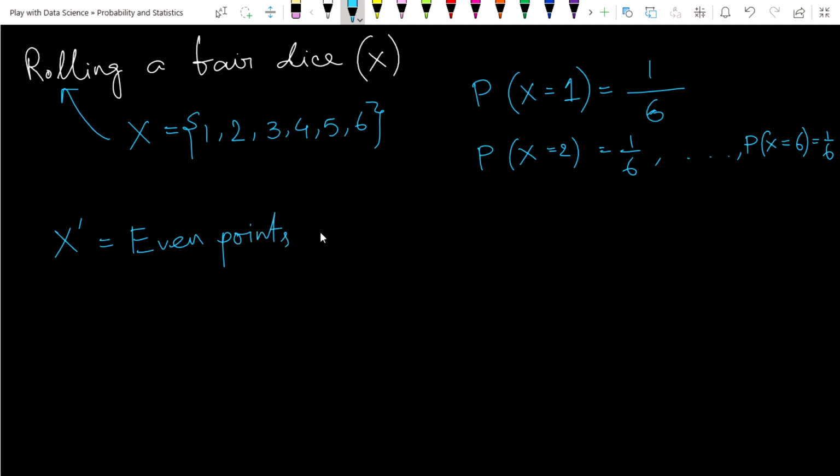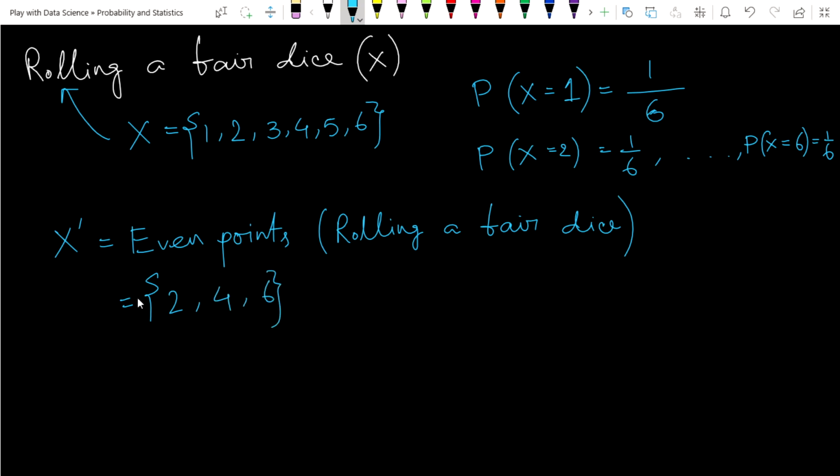In this random variable, what will be the output? We are interested in this event: x dash equals the even points, which means the output will be 2, 4, 6.